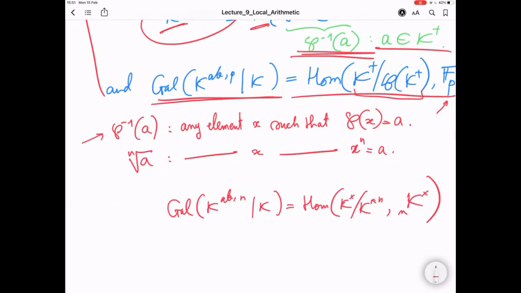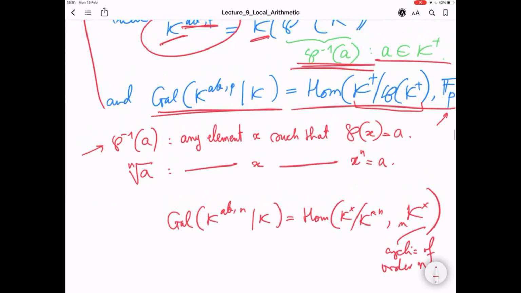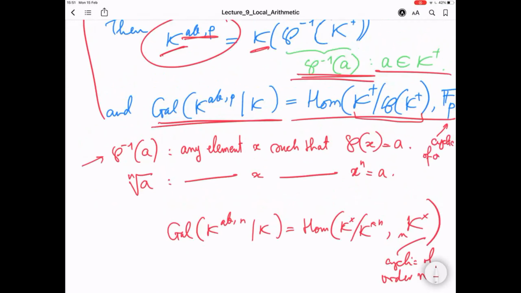This is cyclic of order n by hypothesis, and this is cyclic of order p, right?